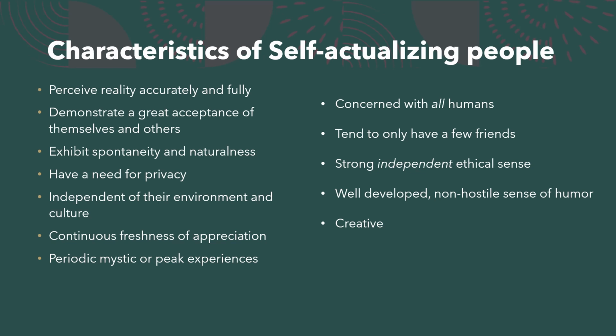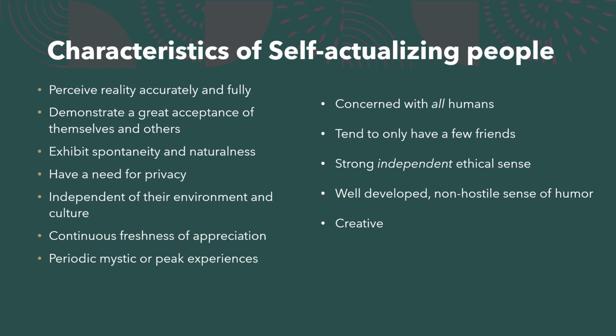So their thought, their ideals, their beliefs, their dreams are not tied down by where they happen to grow up or the characteristics of their own culture. A continuous freshness of appreciation, the ability to go outside and see wonder in the universe, to appreciate the sunset, that kind of thing.